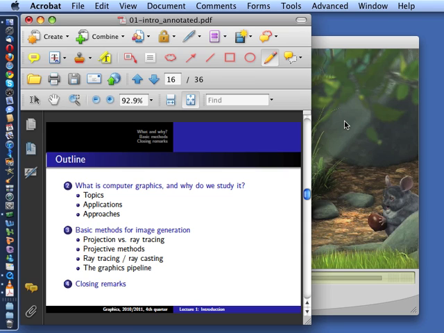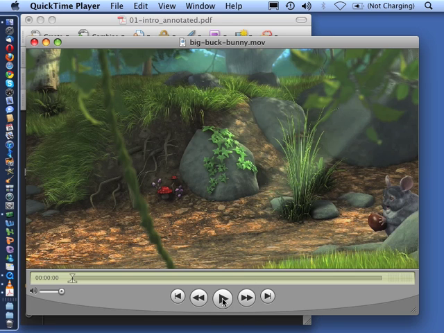All right, so let's finally start with computer graphics, and now I finally show some computer graphics video.